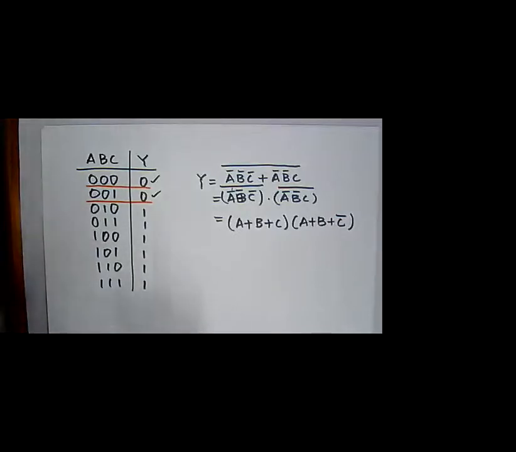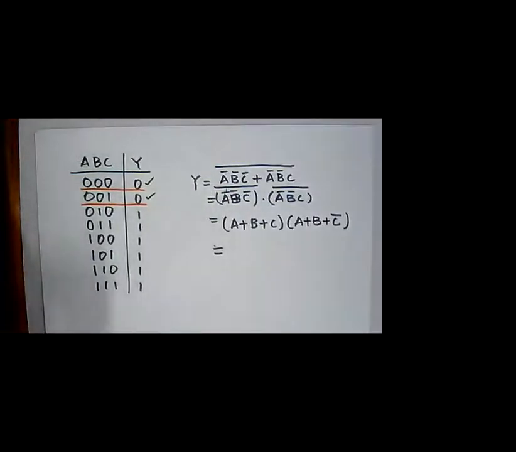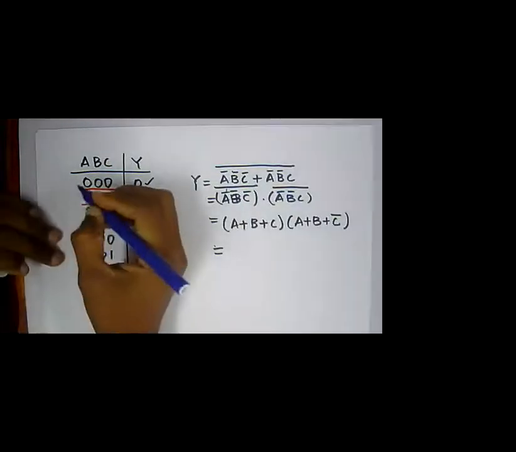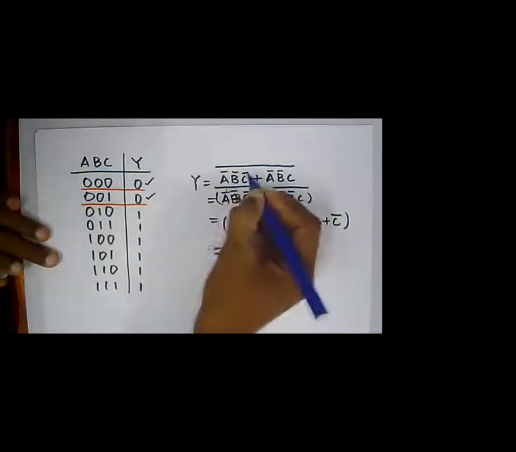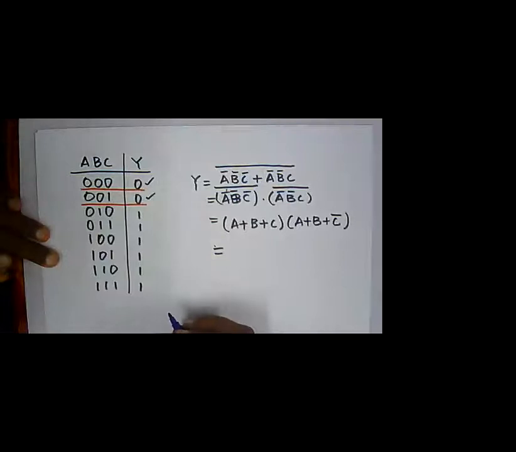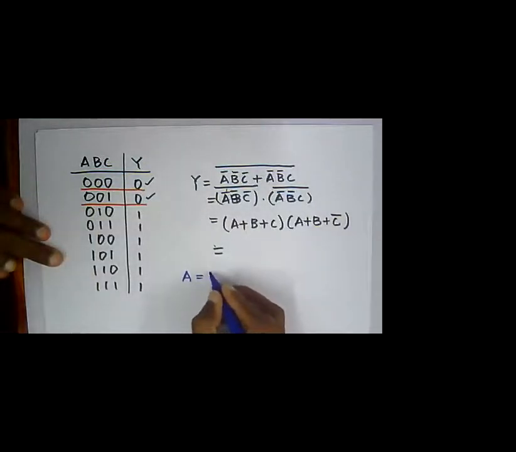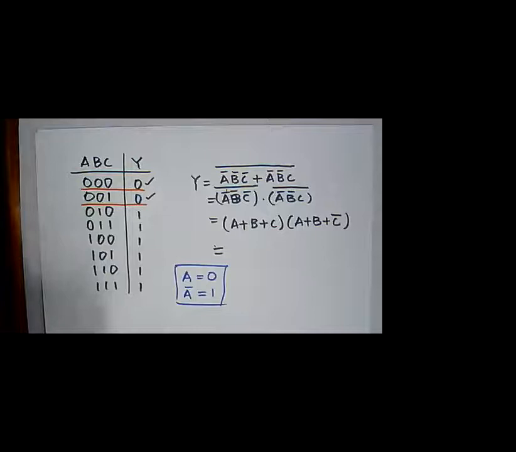So if we want to do this directly, what we can do is, while we are simplifying, in normal terms we put 0 as bar and 1 as direct. But when you are using the POS terms, you can use A as 0 and A bar as 1, right? So you can directly apply this.